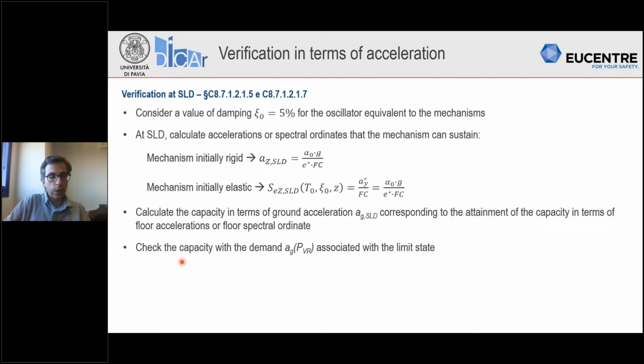And then you will have to check whether the capacity is greater or lower than the demand associated with the limit state. The demand is represented by this quantity AG corresponding to the probability of exceedance of the seismic action.